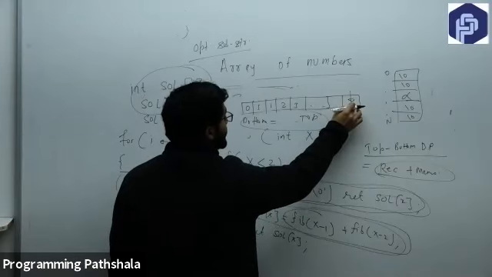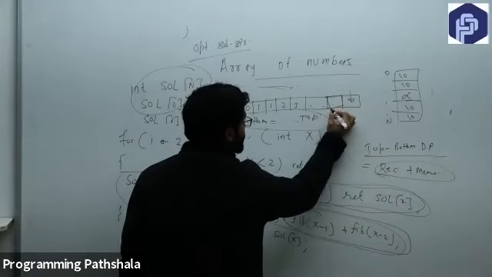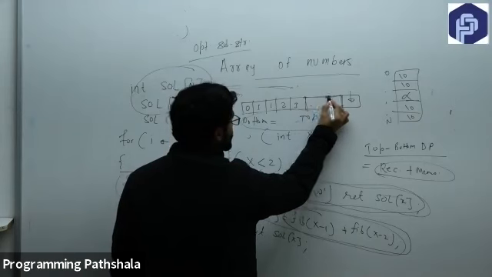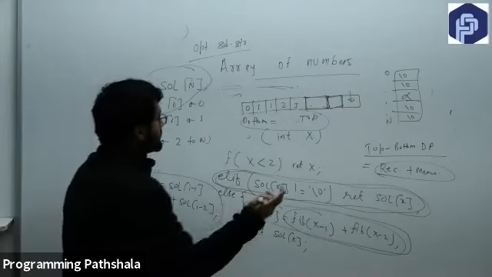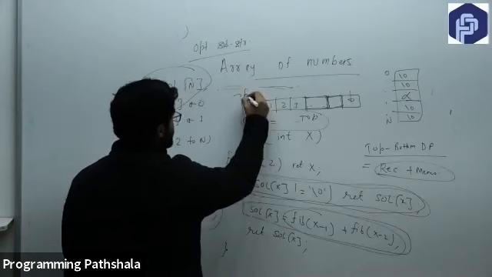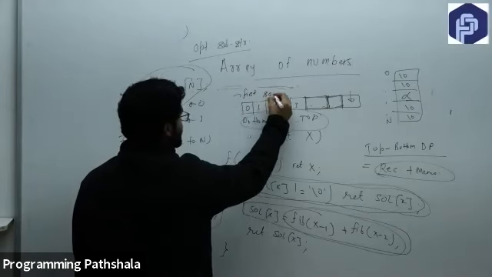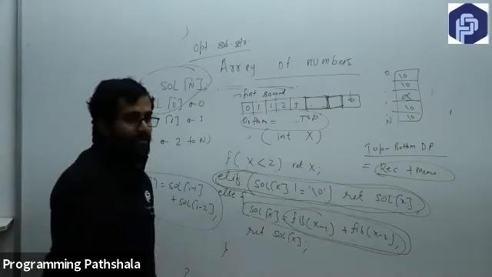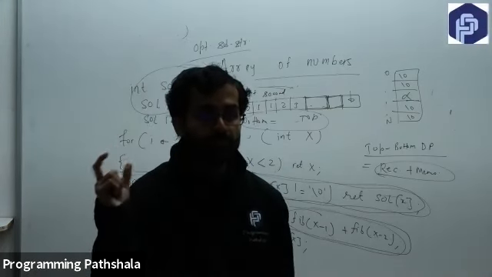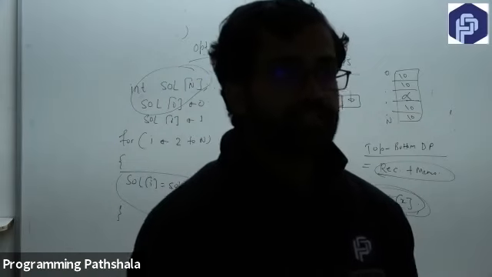In order to find it, I just need the value of this and the value of this. So if I just maintain two variables, first and second, and keep changing their values, I'll be able to compute the next value that is going to come.